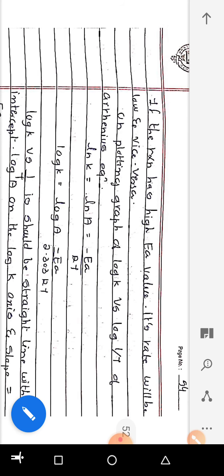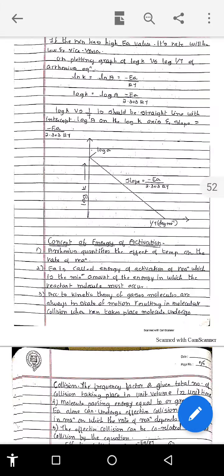Next, if the reaction has a high Ea value, its rate will be low, and vice versa.